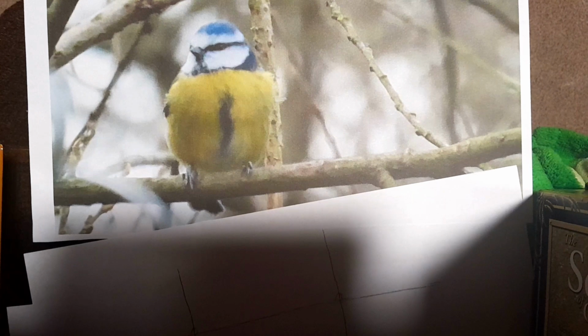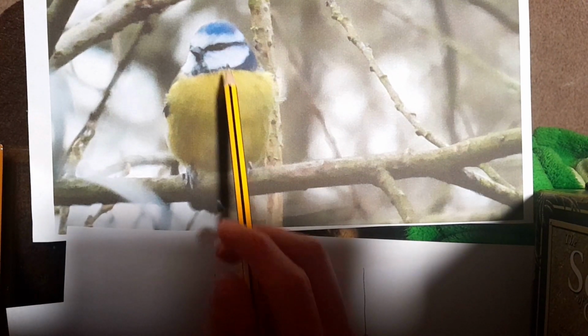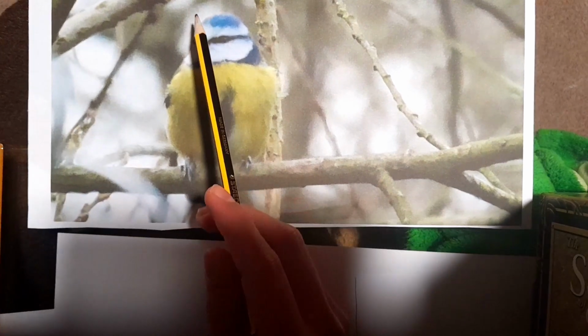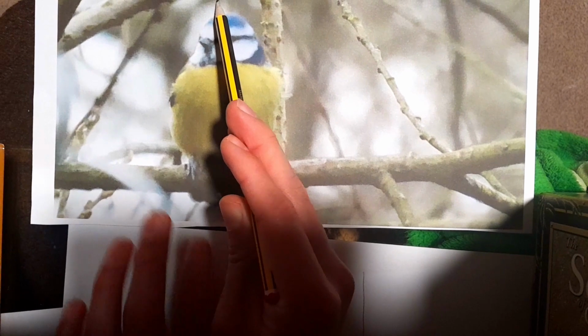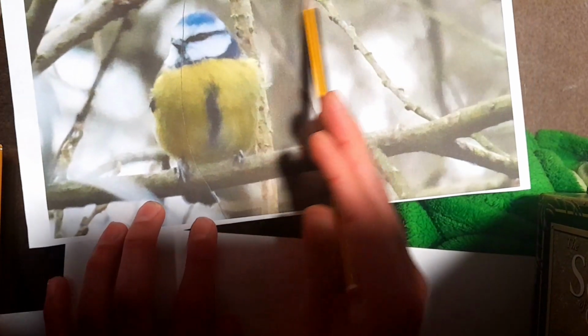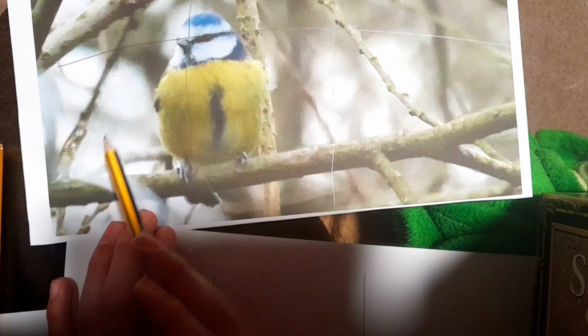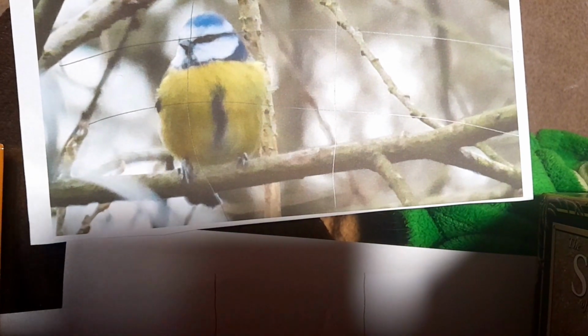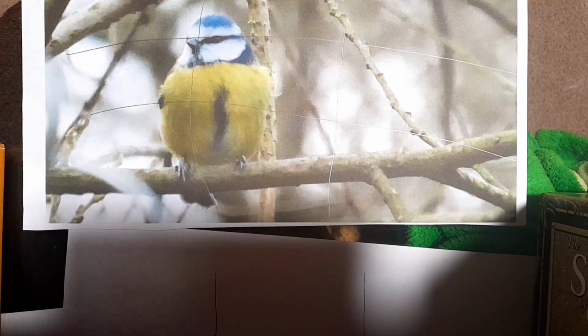Now back to the photo. As we can see here, we have a clear rule of thirds. The bird is carefully placed on one of these lines.